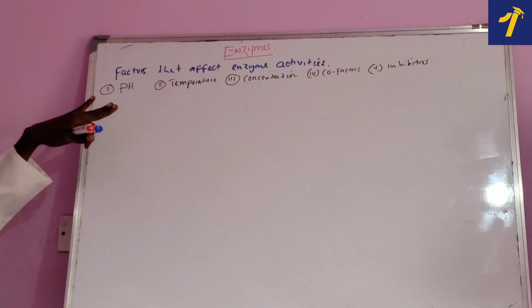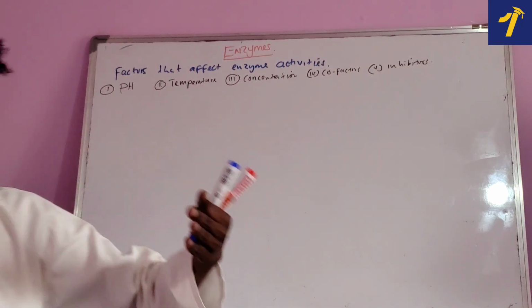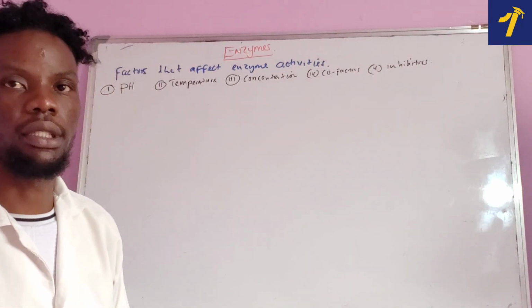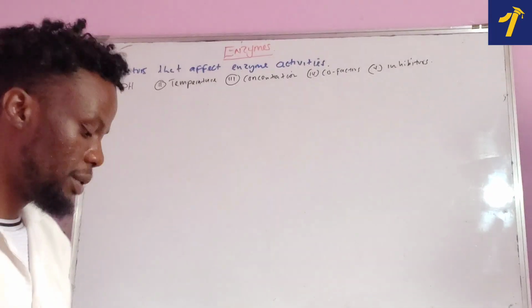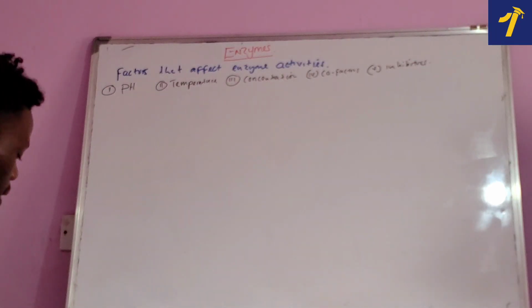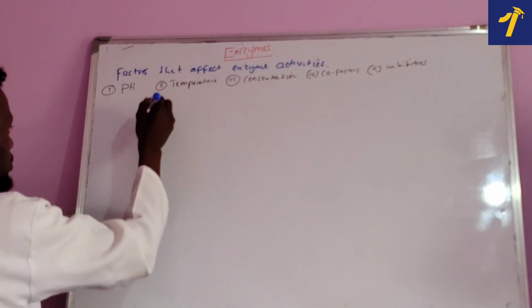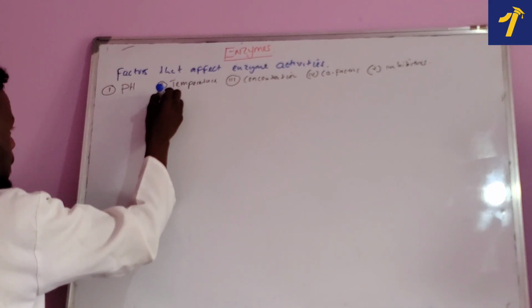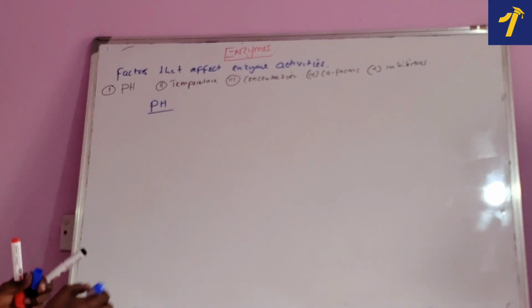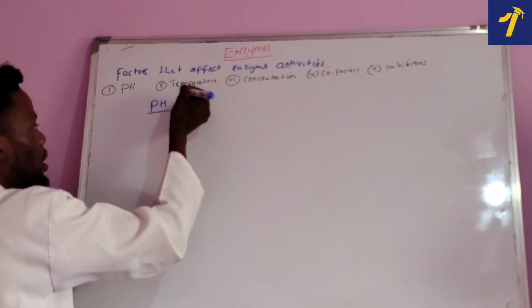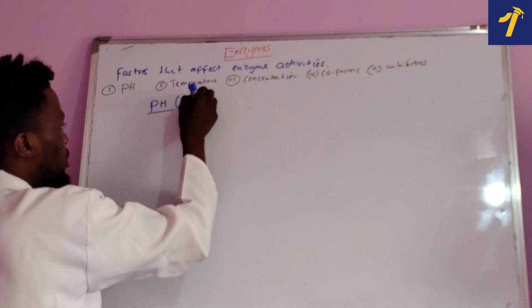How does the pH affect how enzymes work, or enzyme activity? So we need to remember about that. pH, potential of hydrogen. So let us describe the pH. Power of hydrogen. So let us write that: power of hydrogen or potential of hydrogen.